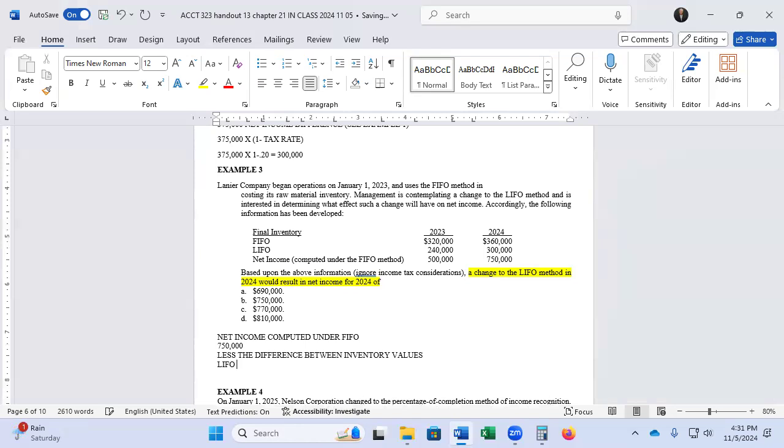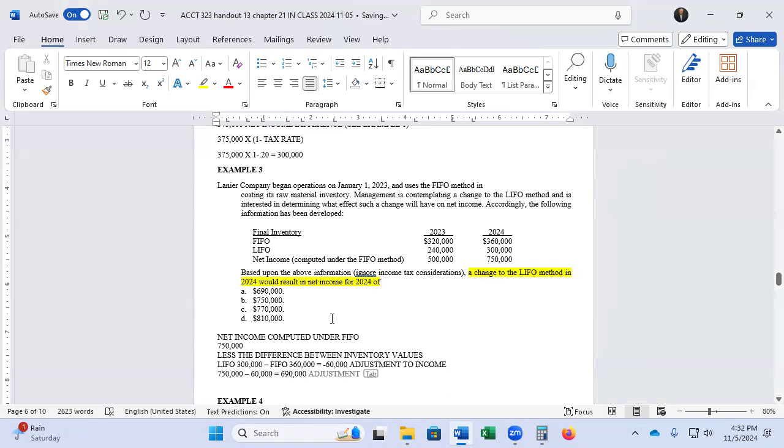So we have LIFO 300,000 minus FIFO 360,000 equals a negative 60,000 adjustment to income. And so 750,000 minus 60,000 equals 690,000.